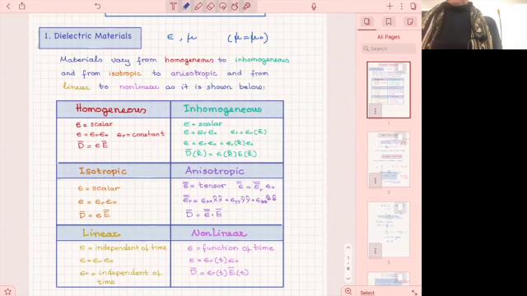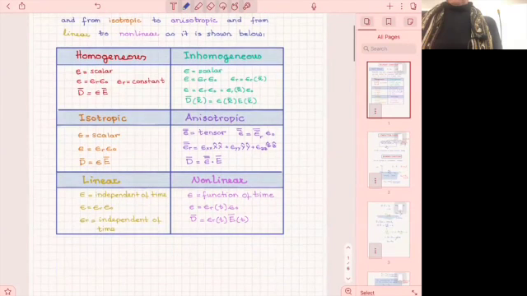A material is homogeneous if epsilon is a scalar and epsilon sub r is constant everywhere. So D is going to be equal to epsilon E. D and E are related through that scalar. Isotropic is when epsilon is a scalar again.